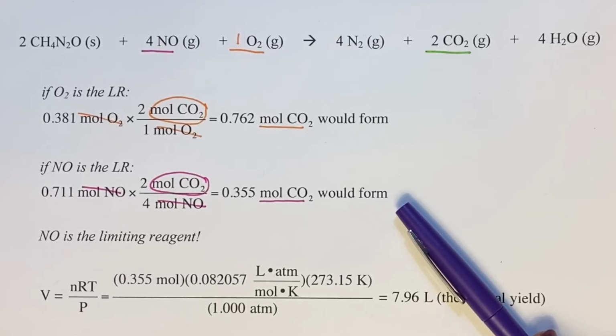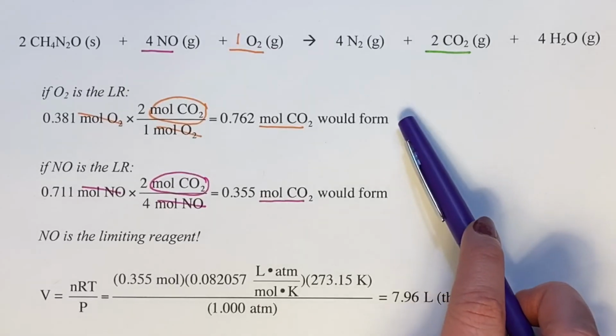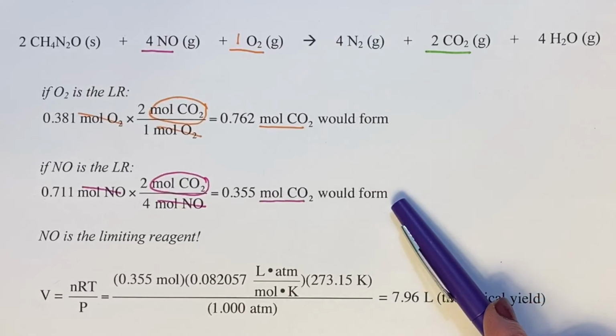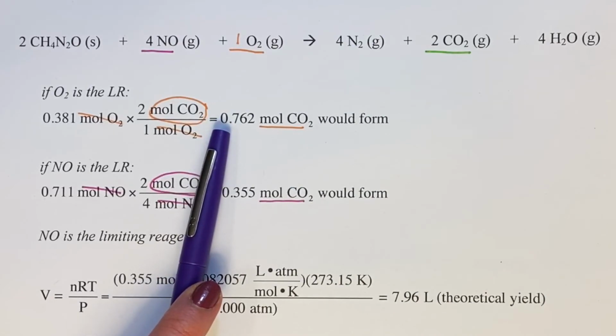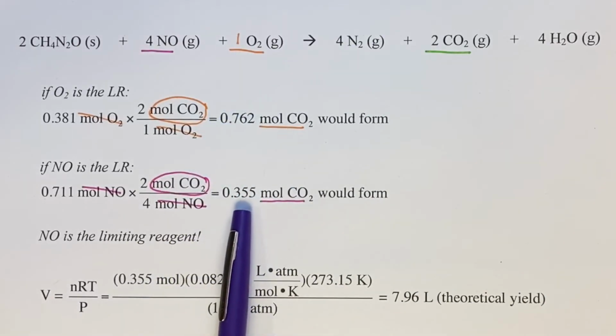If you remember back to our discussions on limiting reagents, what we're going to do is compare these amounts of product. We're looking for the lesser of the two amounts of product, because that means that we will have enough of both of our reagents to make that amount of product. So I can make 0.762 moles of carbon dioxide or 0.355 moles of carbon dioxide.